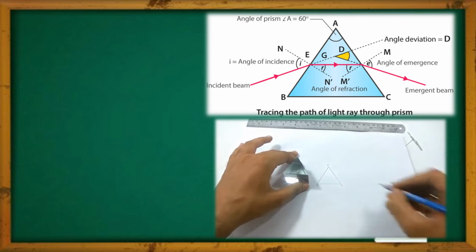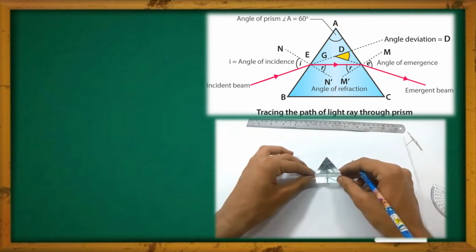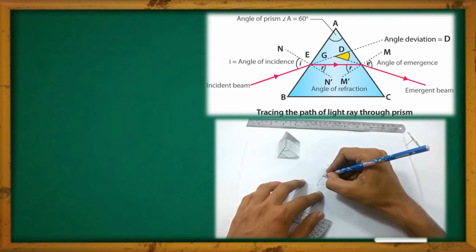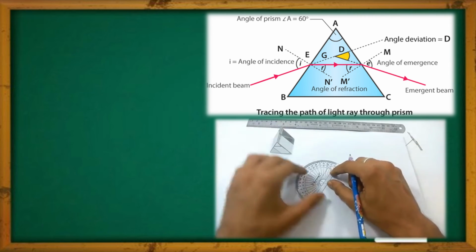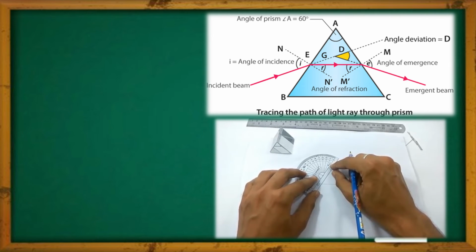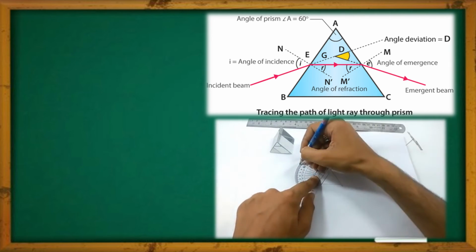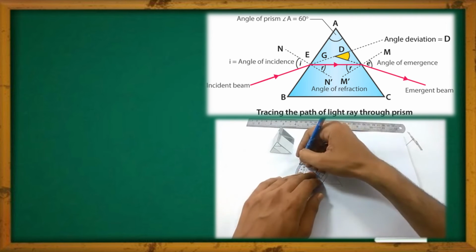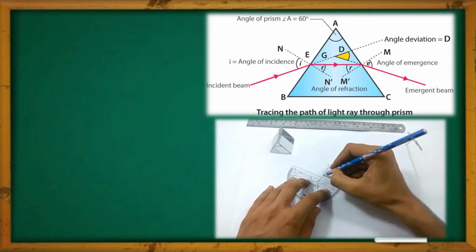You can name that prism ABC. Now you again place the prism to check whether the lines are perfect or not. Then arbitrarily choose any point on the surface AB, and there put your protractor and measure 90 degrees, for dropping a perpendicular to the surface AB.